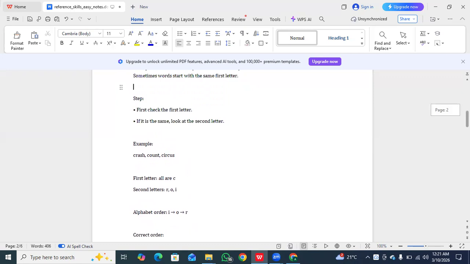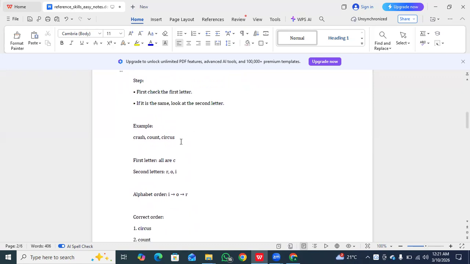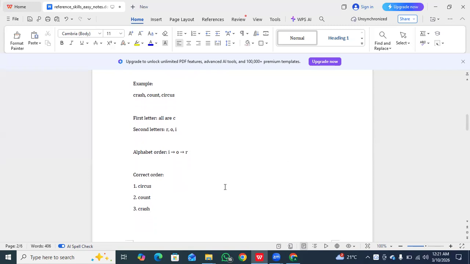We have words like crash, count, circus. As you can see, their first letters are the same. So we look at their second letters: R, O, and I. In alphabetical order, I comes first, then O, and then R. So the words are ordered: circus, count, crash.